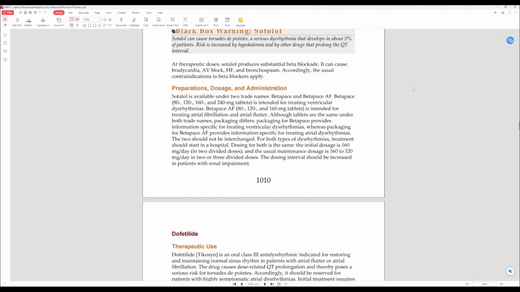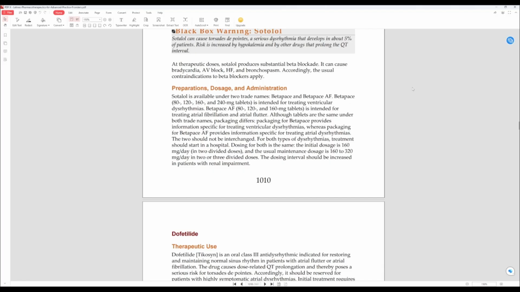Although tablets are the same under both trade names, packaging differs. Packaging for Betapace provides information specific for treating ventricular dysrhythmias, whereas the packaging for Betapace AF provides information specific for treating atrial dysrhythmias. The two should not be interchanged.